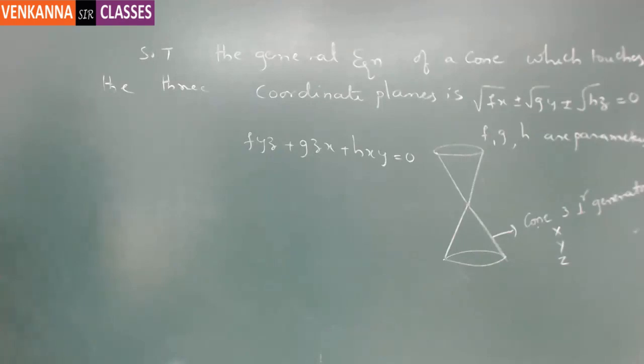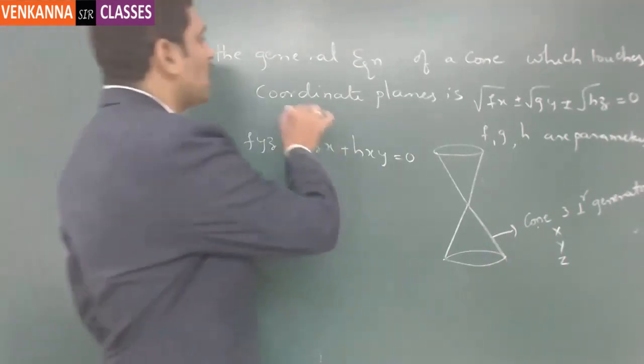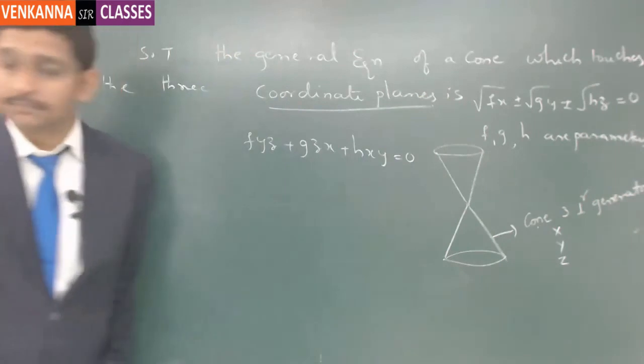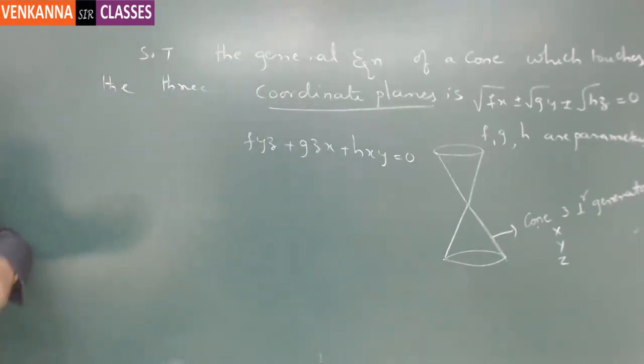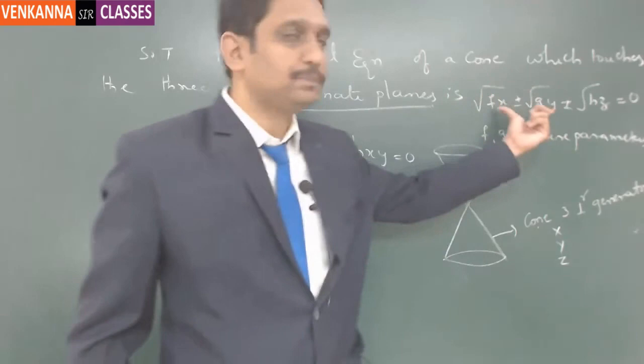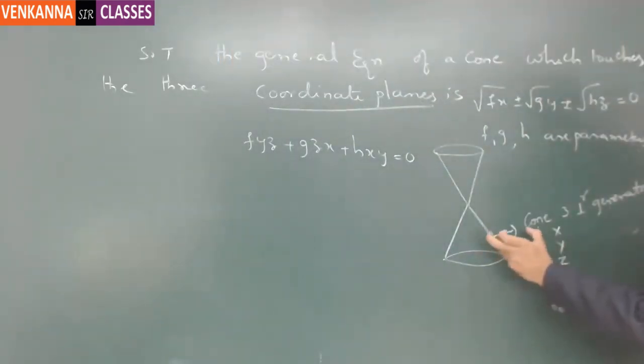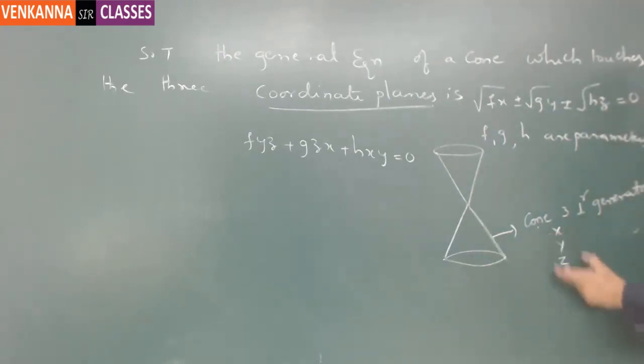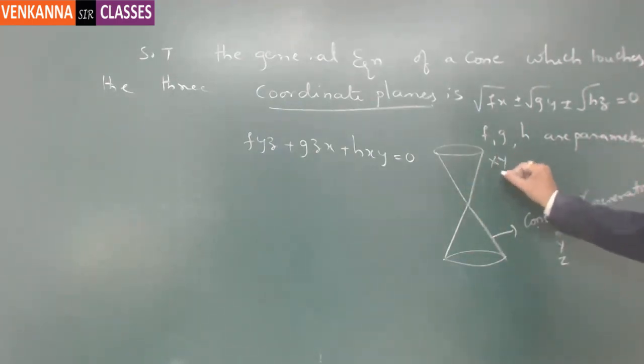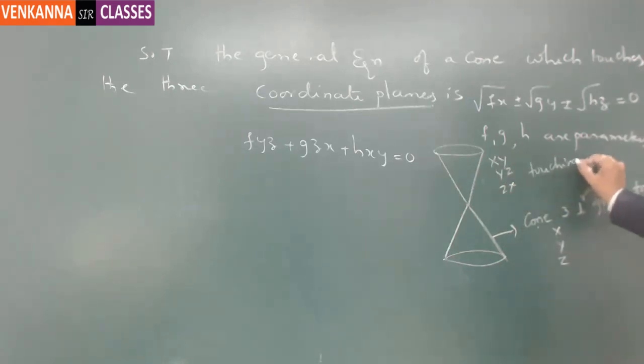Right. So as per the problem, we have to calculate the equation of a cone which is touching the coordinate planes, and the equation will look like this one. What happens if you say that this is the cone having the three axes as generators? Its reciprocal cone is nothing but having the three planes, the touching planes or the tangent planes.